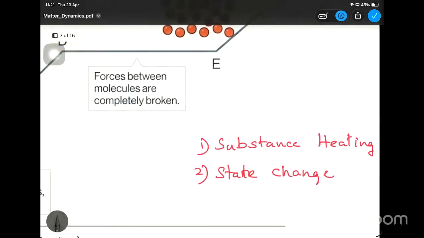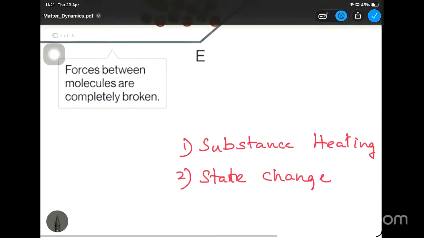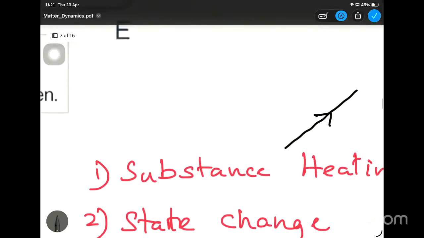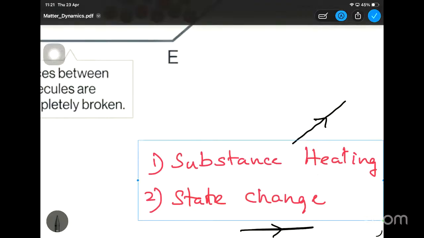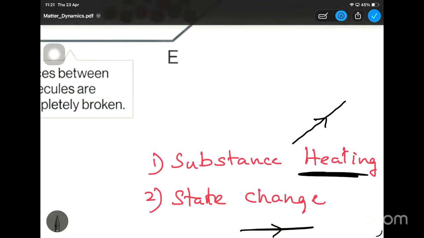Substance heating is demonstrated by an increasing line like this. If there is a state change, it will be a horizontal line like this. A state change can be from solid to liquid. But if you have an angled line, then definitely it is for the heating process, right? Remember that.